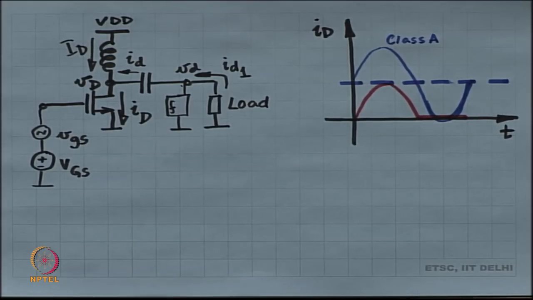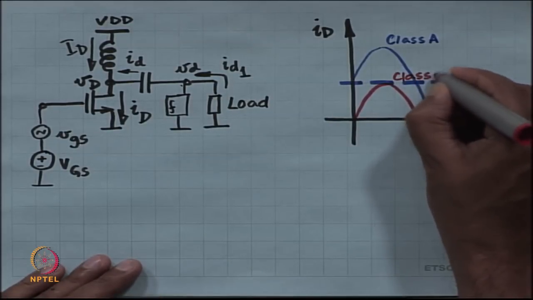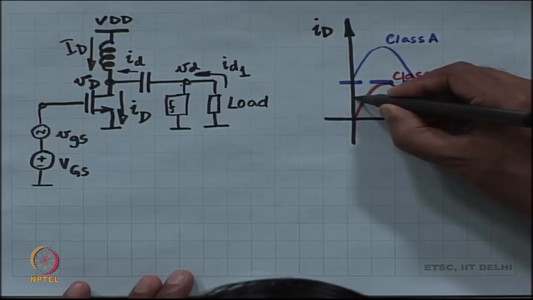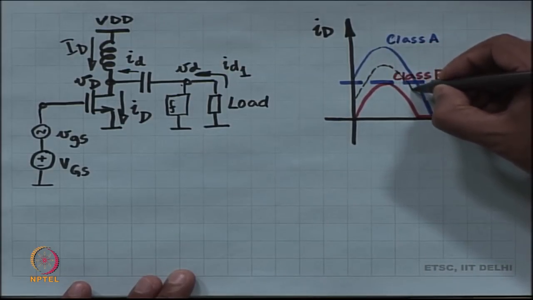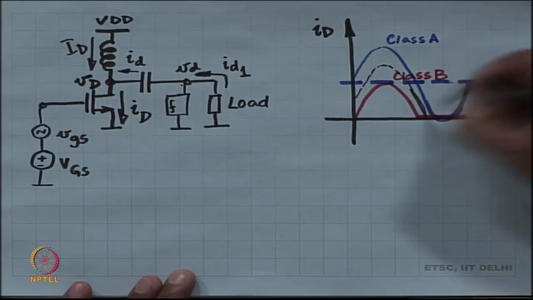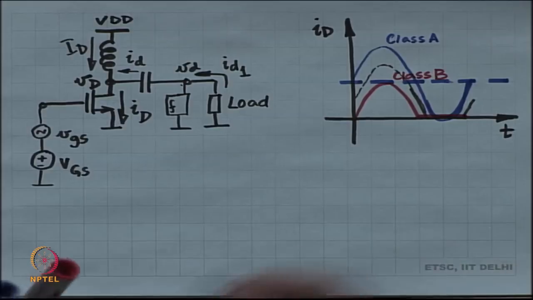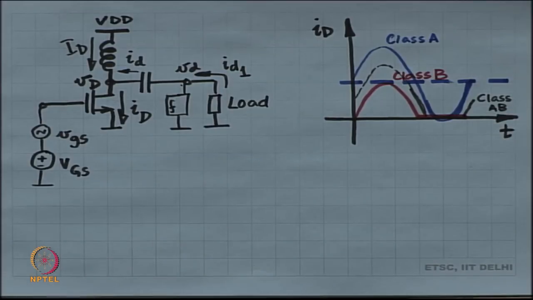In class C, so let me write this down. In between class A and class B, if you are somewhere in between, then what is that going to be called? It is going to be called class AB. Okay.